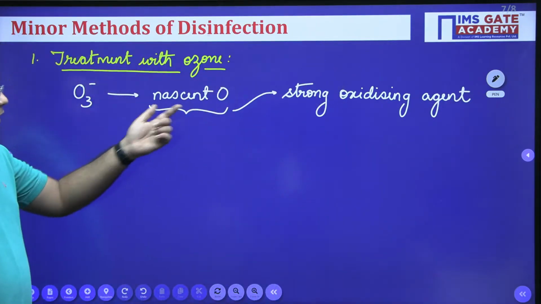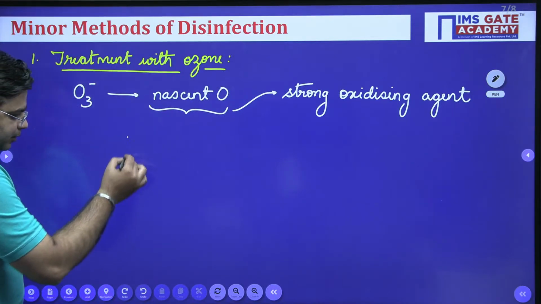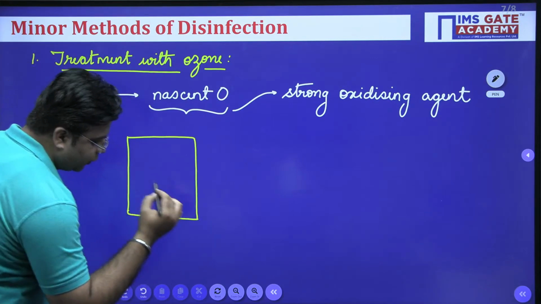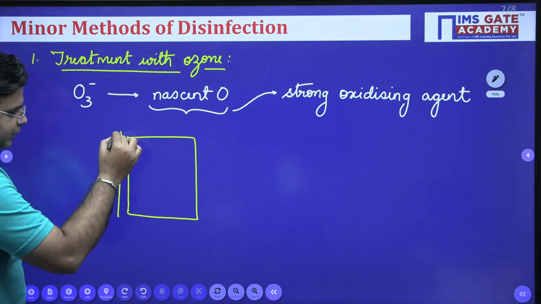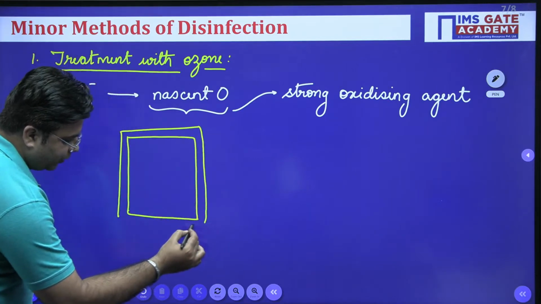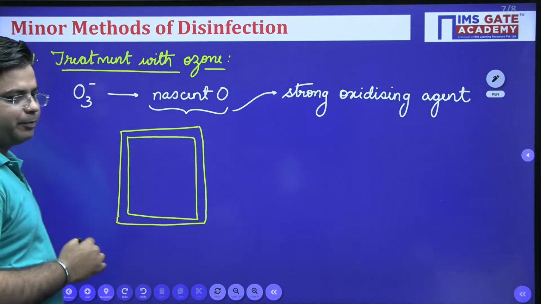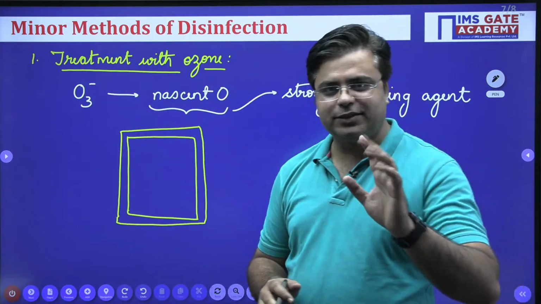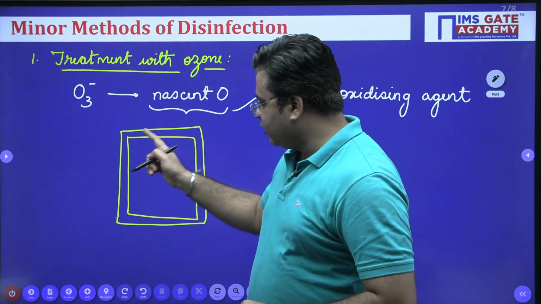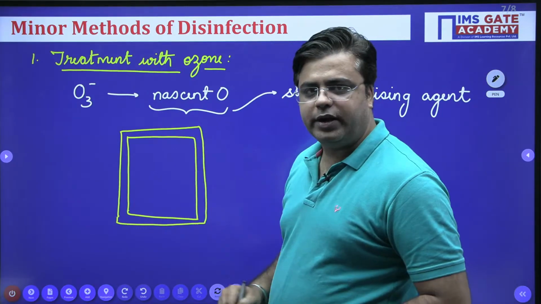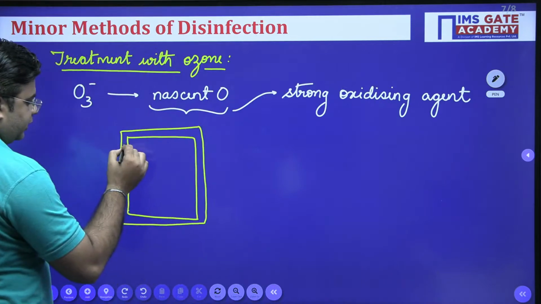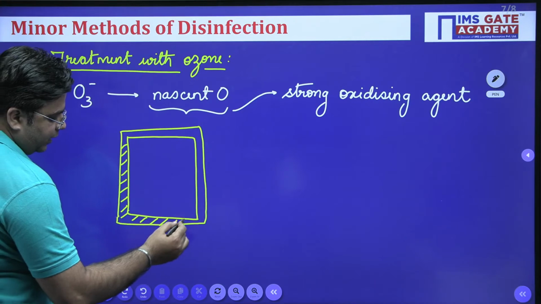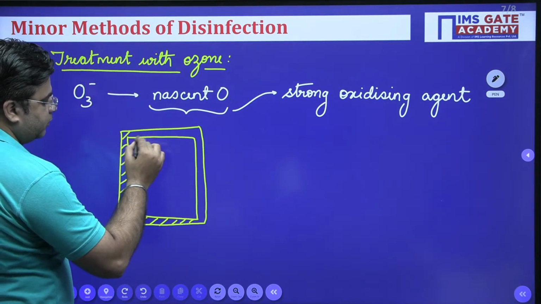So, when this nascent oxygen comes in contact with the microorganisms, if this is my microorganism, right, you can remember the class 10th of biology where you have drawn microorganisms and different parts of microorganisms. So, we do not require that much detail, but just one detail. Every microorganism has the cell wall around it, okay. This is the cell wall that is present around the microorganism. And we know that this cell wall is nothing but the organic matter.